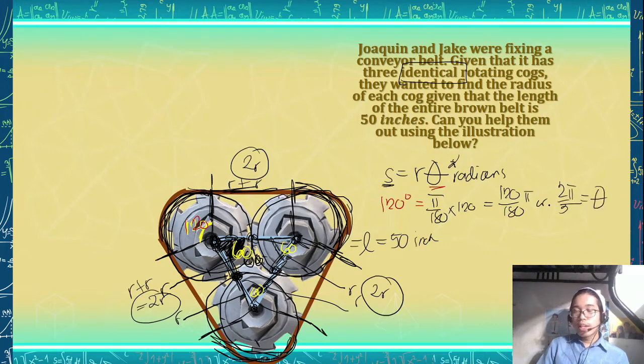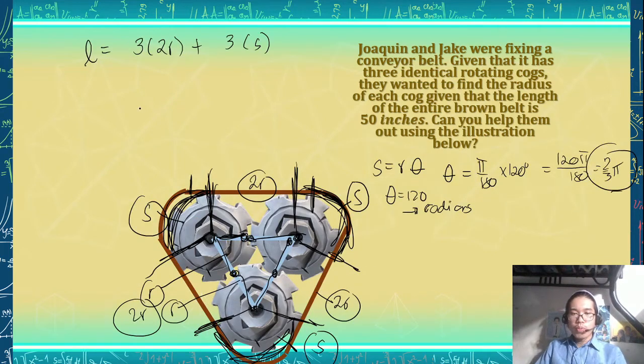So therefore, this is going to be the value of our angle for this one. To solve for the radius, we're going to need the length of the conveyor belt. The length of the conveyor belt is going to be equal to 3 times the 2r that we have here.